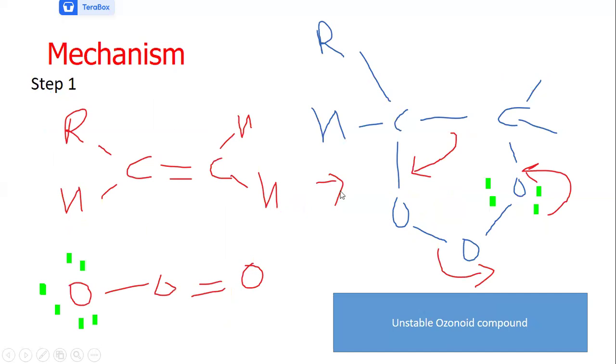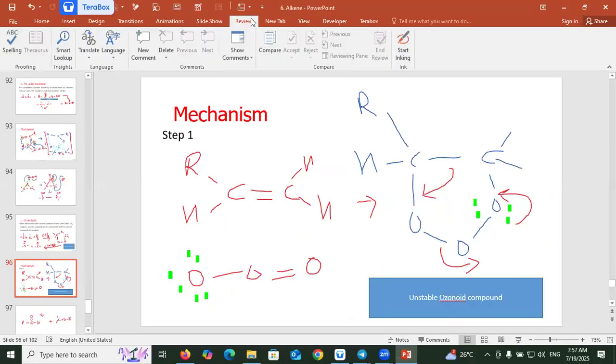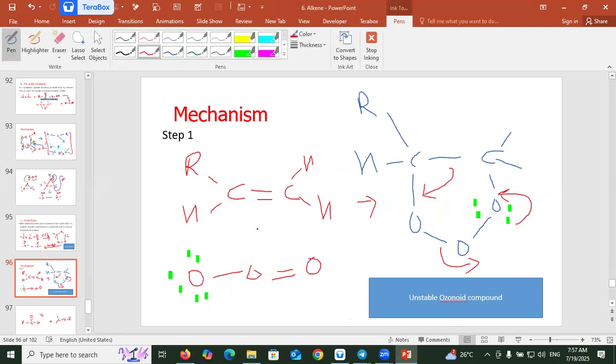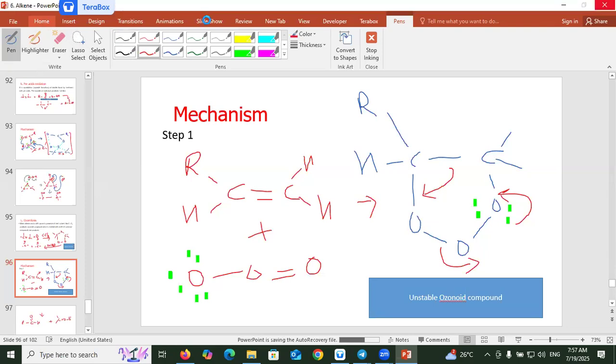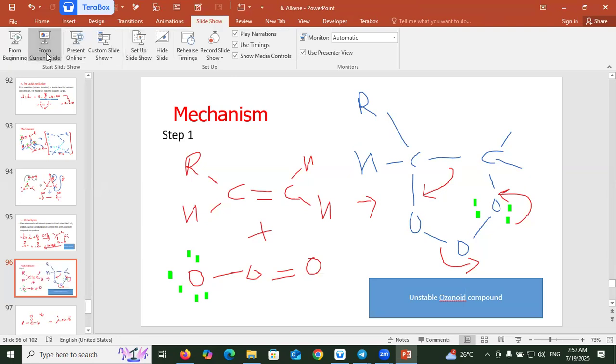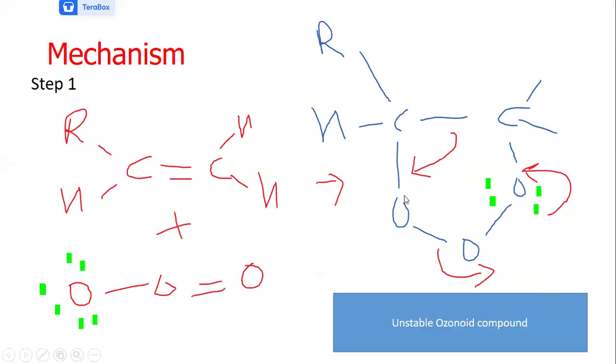Mechanism. When the alkene is treated with this ozone, it forms the unstable ozonide compound. And in the ozonide, this oxygen has a lone pair of electrons.